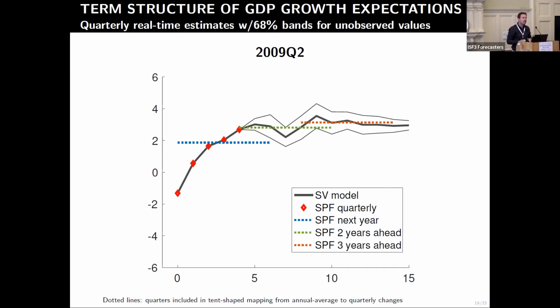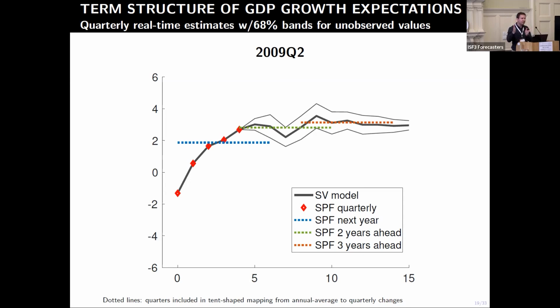It's because the predictive bands also incorporate information from the 3-year ahead SPF. So potentially it could also widen, but it doesn't have to widen. But that's the longest horizon at which we use information.